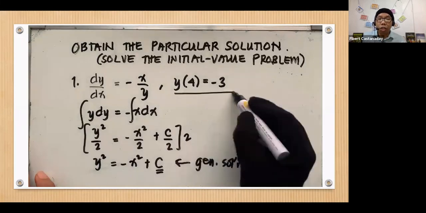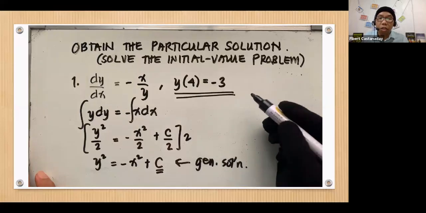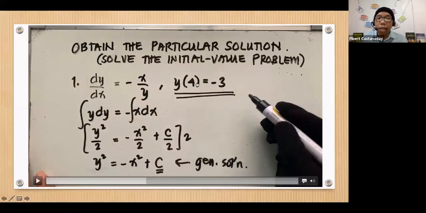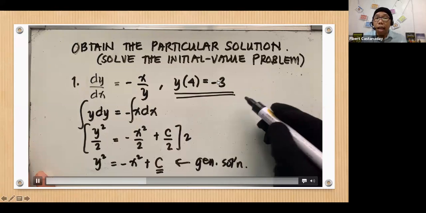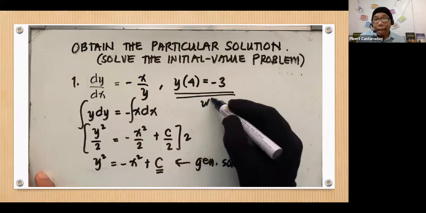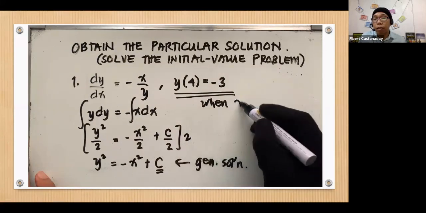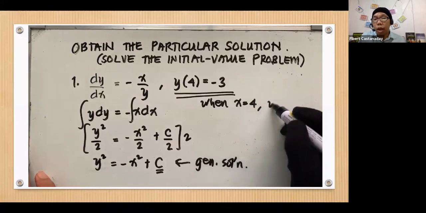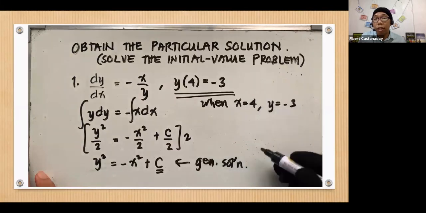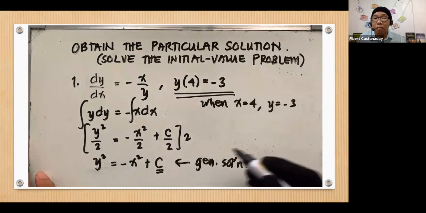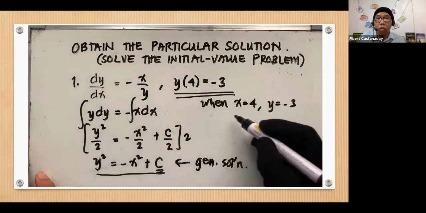So the condition here, ang ibig sabihin na itong condition na to, na y of 4 is equal to minus 3, is that when x is equal to 4, y is equal to minus 3. So you plug in, di ba, yung mga values na to dito sa ating general solution.